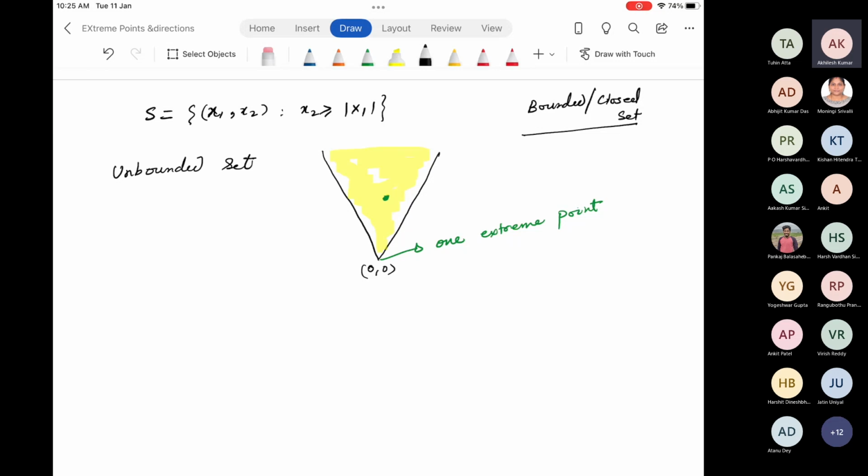So to deal with it, what we have is a notion of extreme direction. For an unbounded set, we cannot use extreme points to represent any point in the set. So before I get into the extreme direction, let me first tell you what a direction of a convex set is. Any questions so far?